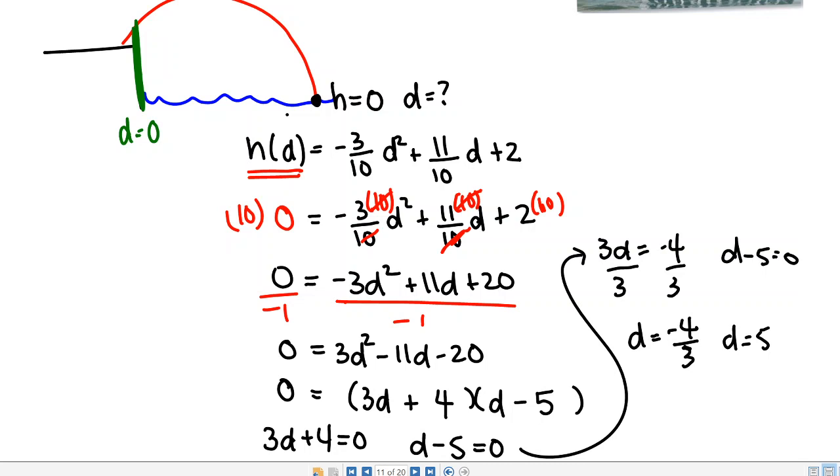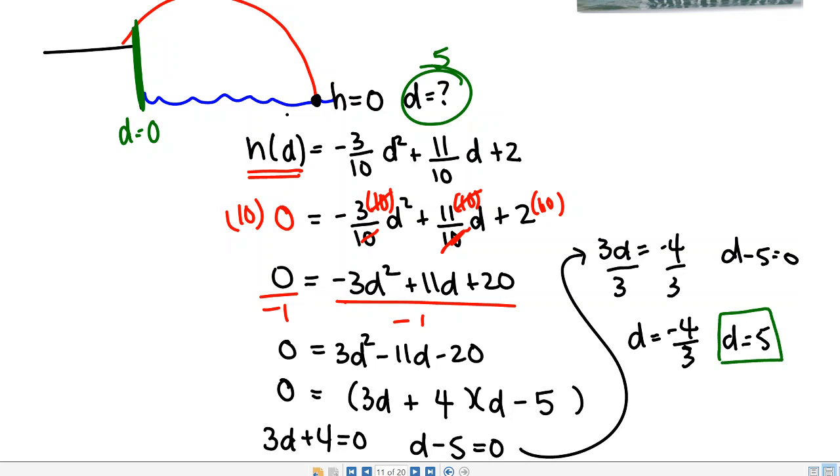For the point that we're looking for over here, we have to ask ourselves, does it make sense to have a positive 5 or a negative 4/3? Now, because it's a distance, we really do have to have that positive 5. So we know that d is equal to 5 has to be our answer.